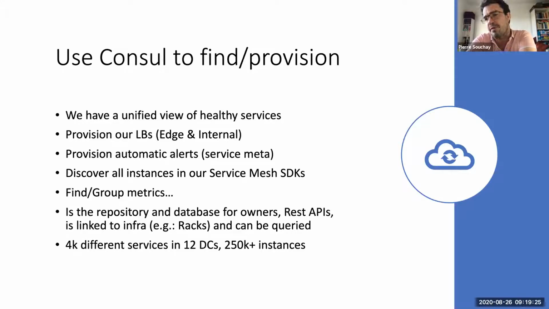Before that, in order to get a new service on the internet, you had to create several tickets to the network team and so on, and we could spend up to 3 weeks just to get this service up and running. And with Consul, everything is automatically declared and everything is automatically provisioned.